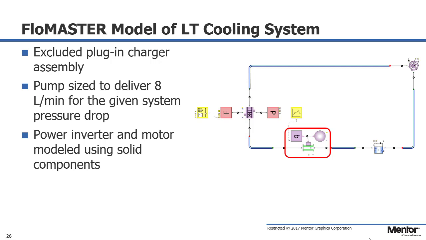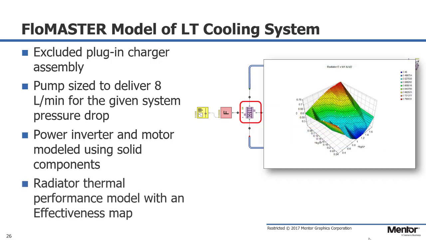Again, the reason we wanted to do this is to be able to capture any thermal capacitance of those components. And to model the radiator, we used a thermal performance map that we were able to get for the Chevy Volt radiator in terms of effectiveness versus the mass flow rate of air through it, as well as the mass flow rate of coolant through it.